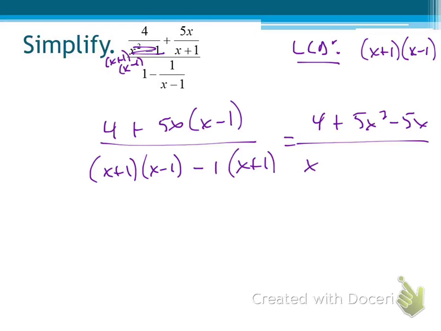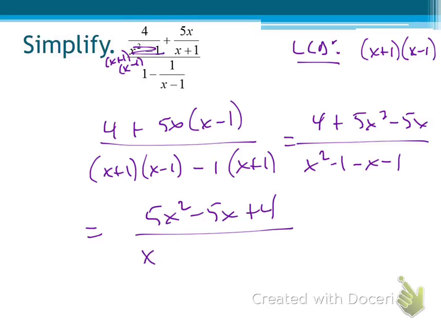These guys will multiply out to x squared minus 1. Distribute the negative 1 here. We get 5x squared minus 5x plus 4 over x squared minus x minus 2. And now we try to factor if we can.